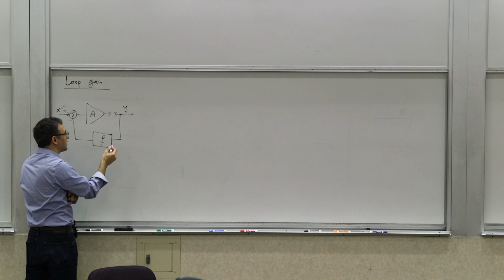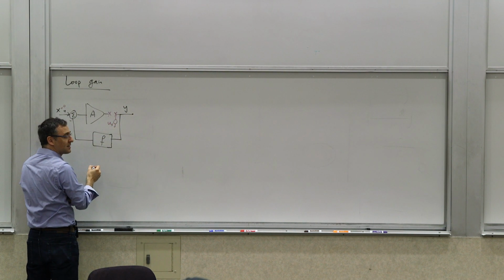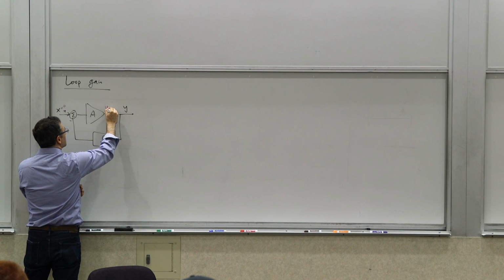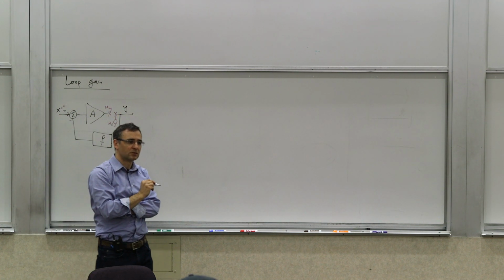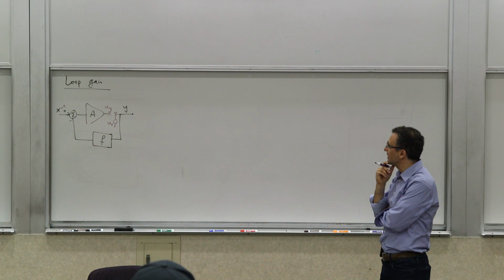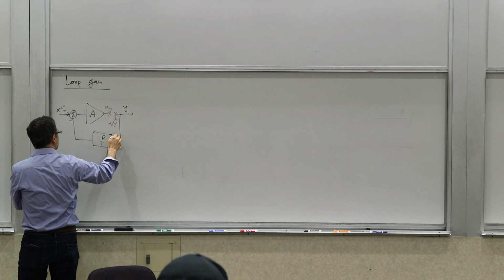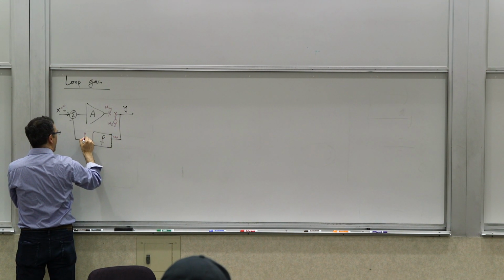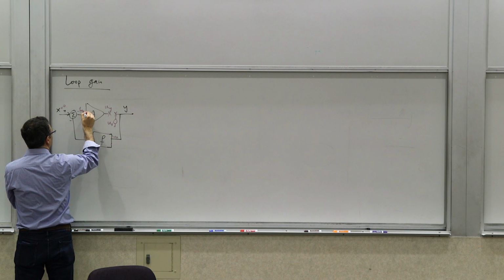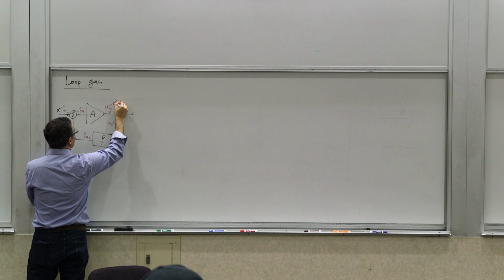If I launch some u of x, what would I measure here as u of y? This is an abstract loop. What do you see if I cut it there? If I launch u of x, of course, this would be u of x. So this would be f times u of x. If this is 0, this becomes negative f u of x. And then this becomes negative af u of x.